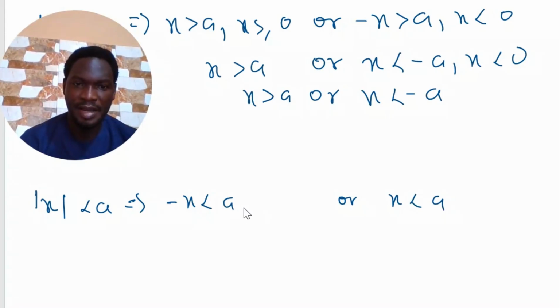Remember, minus x will be the absolute value if x is less than 0. And over here it is x if x is greater or equal to 0.